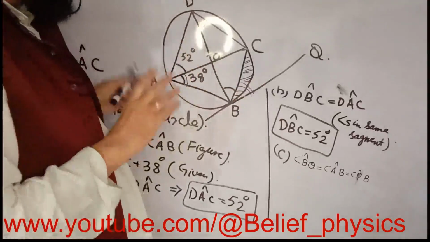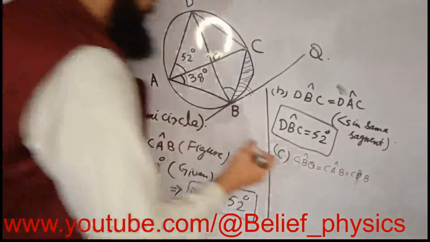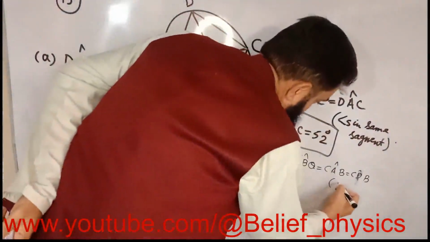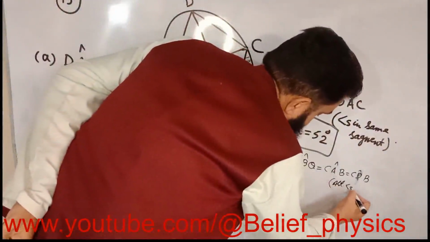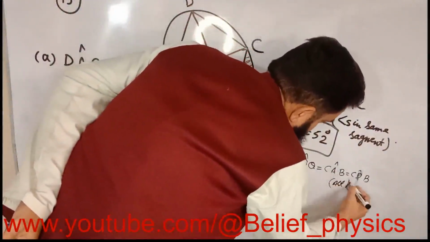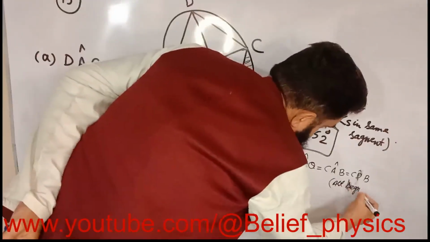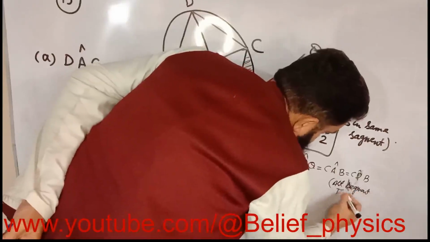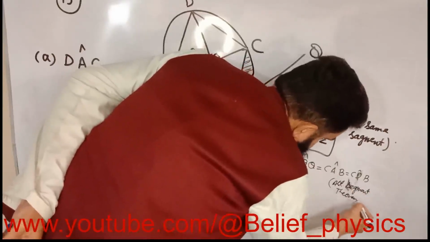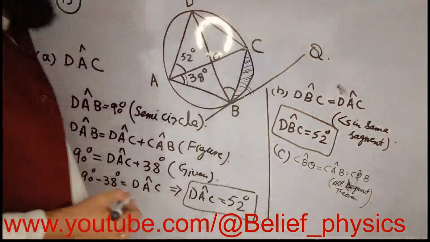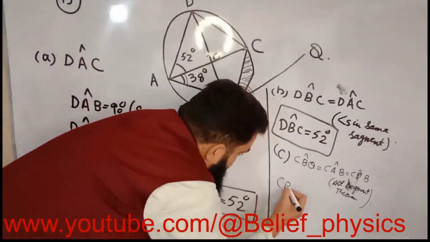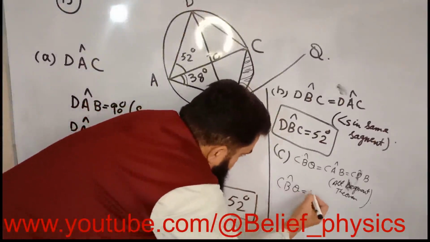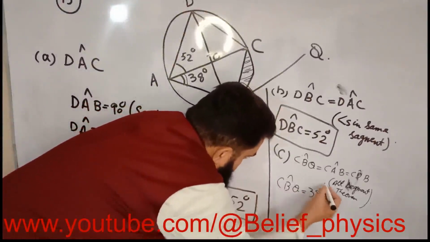All three angles will be equal. So we will write here the alternate segment theorem. Therefore, it is given that CAB is 38. Therefore, CBQ will also be equal to 38 degrees.